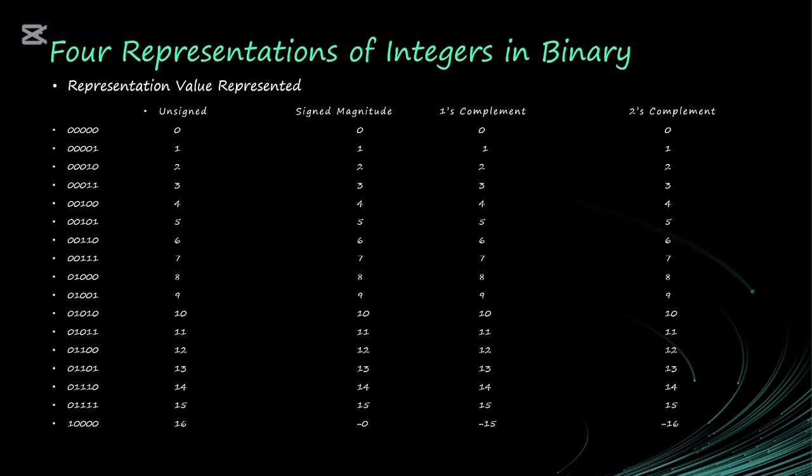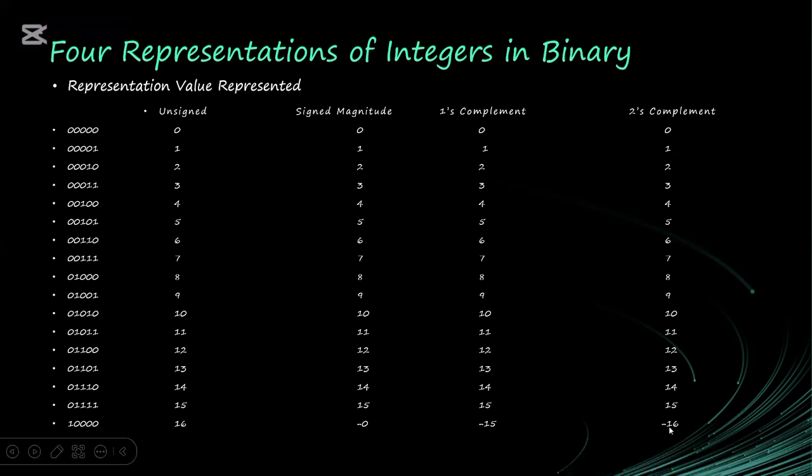But remember, for the signed integer, anything that starts with 1 is negative. But for the unsigned, we are not considering anything negative. So instead of representing 16, it's representing minus 0 here. And this one represents minus 15 in the one's complement.